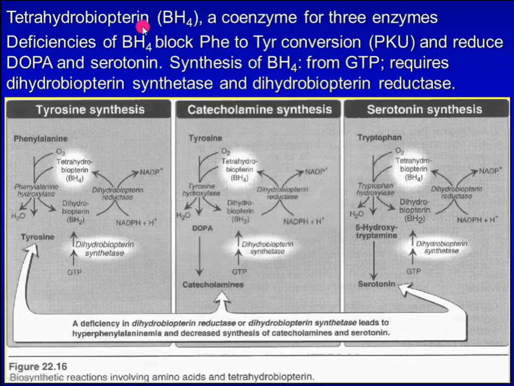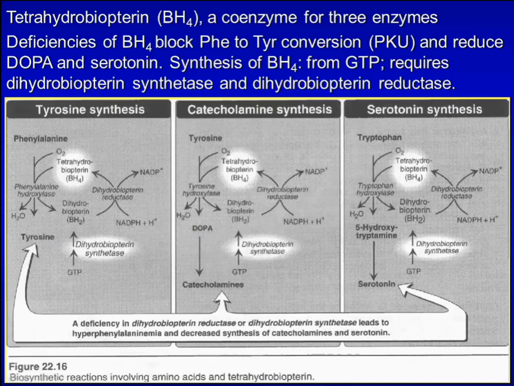Tetrahydrobiopterin, or BH4, is a coenzyme for 3 enzymes. They are phenylalanine hydroxylase, tyrosine hydroxylase, and tryptophan hydroxylase. Deficiency of BH4 blocks phenylalanine to tyrosine conversion, causing PKU, and reduces synthesis of dopa and serotonin.